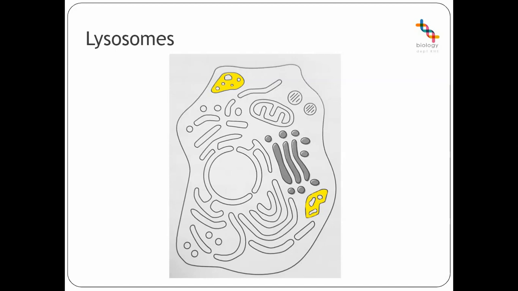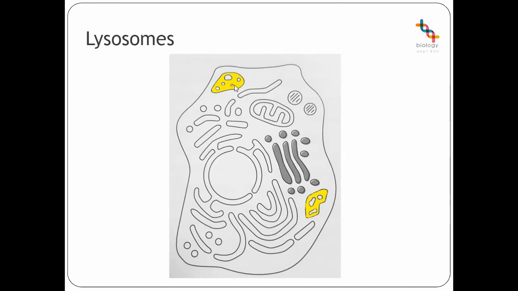We also have to consider lysosomes. So lysosomes, seen here and here in this cell, are involved mostly in carrying hydrolases. And hydrolases are enzymes which are actually involved in digestion of proteins, digestion of lipids, digestion of nucleic acids, and digestion of other carbohydrates.